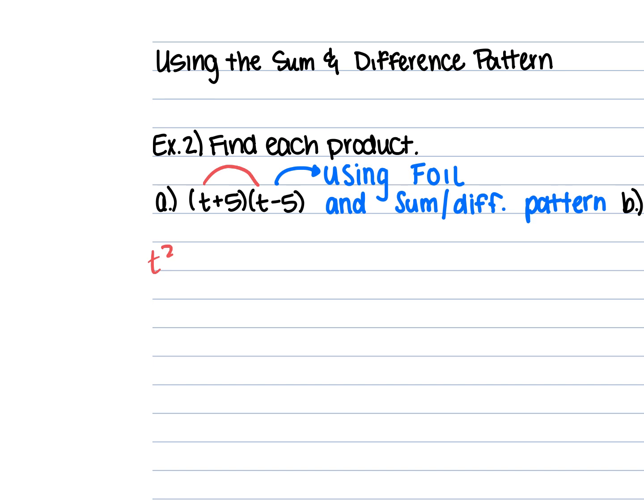And then 5 times t, then it would be 5t. And then it would be t times negative 5, negative 5t. Those would cancel out. So it would be t squared minus 25.